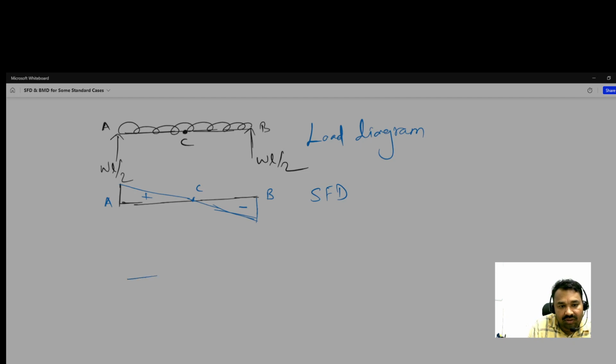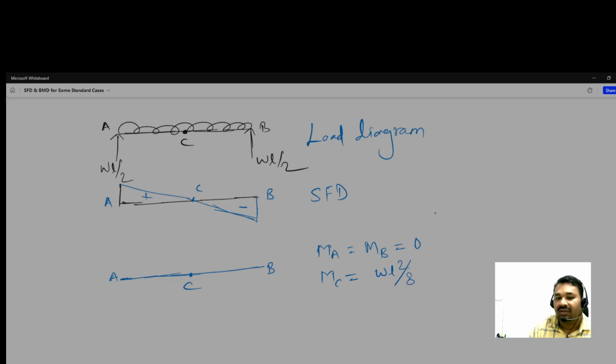What about the BMD? So it is A, B, C, and BMD. MA is equal to MB is equal to 0. What about MC? That is equal to WL square by 8.